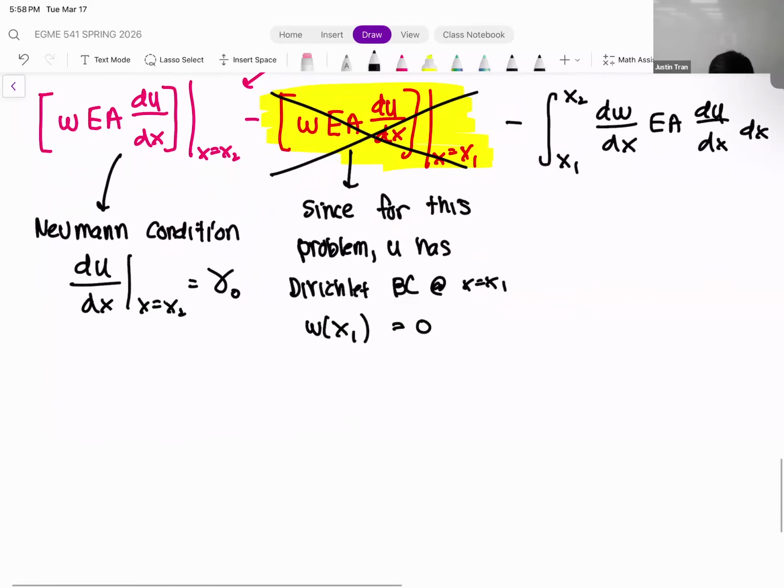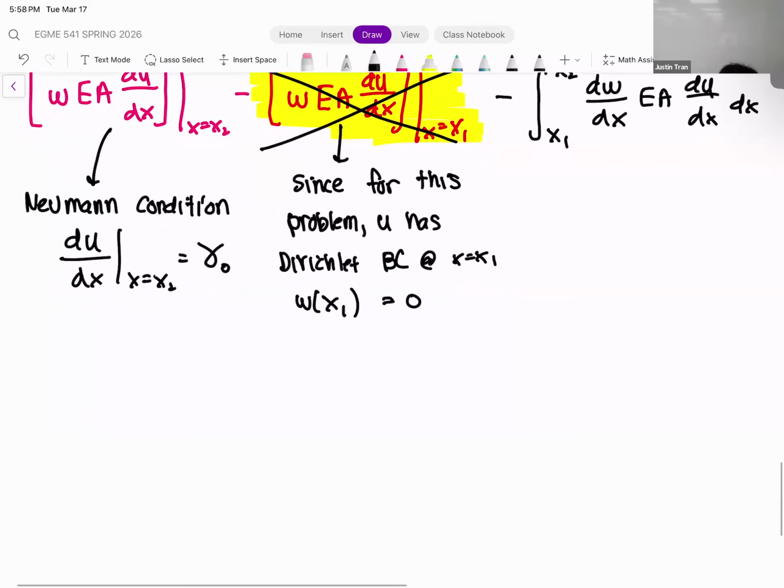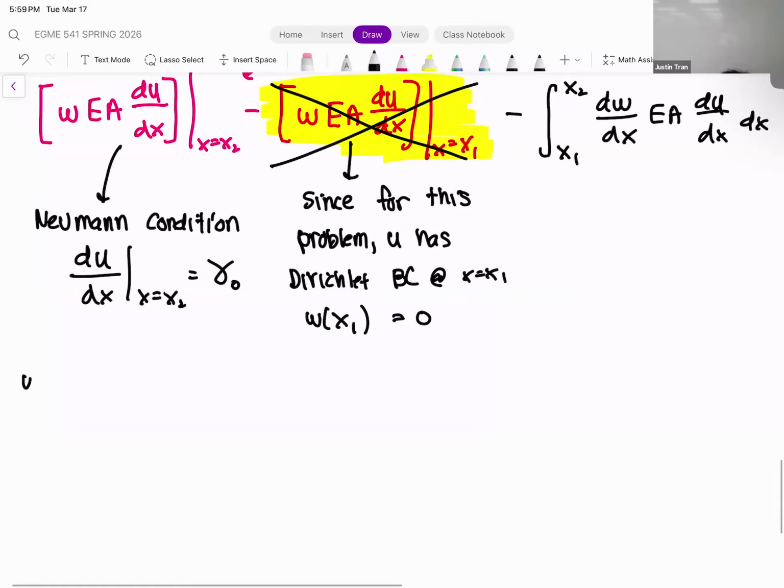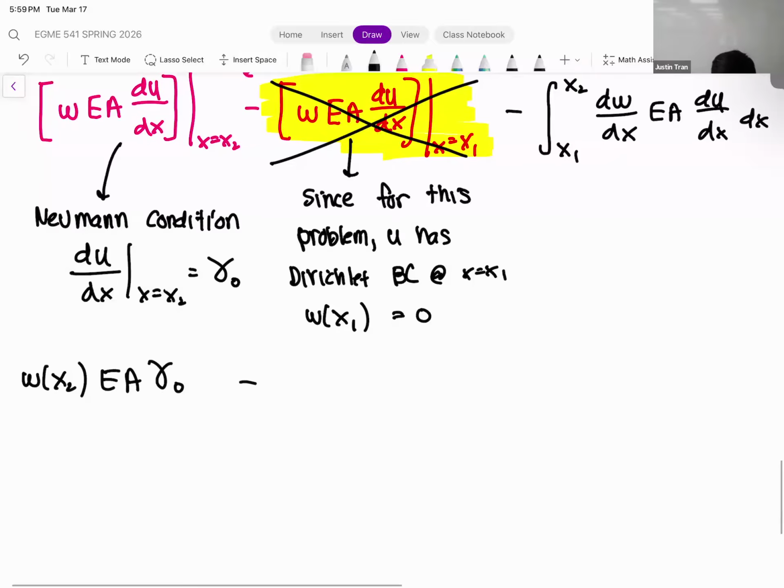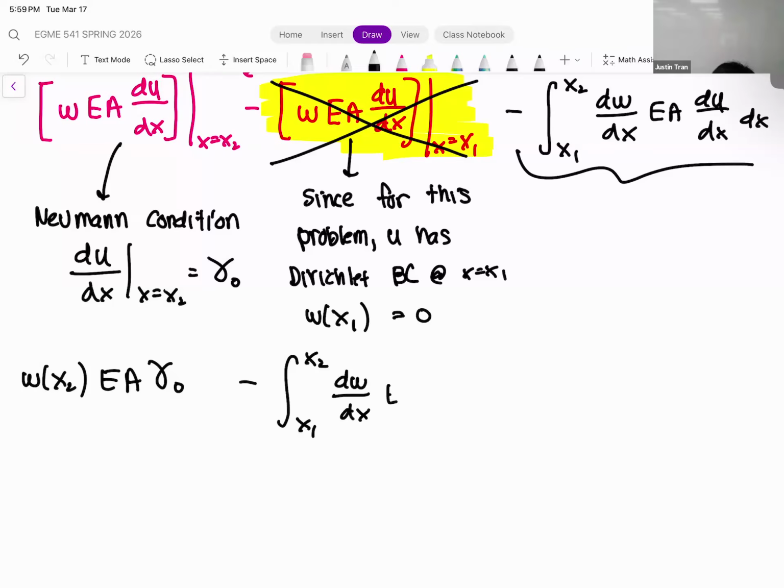So we can go ahead and plug that in. For this expression, we have w at x2 times E times A times gamma naught, minus, we still have our integral from before, minus the integral from x1 to x2 of dw dx times E times A times du dx dx.